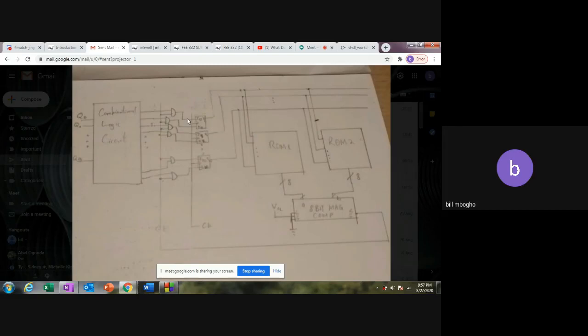But it's going to be a combinational logic circuit for sure, because a synchronous counter has a combinational logic circuit and then the flip-flops, the sequential bit.